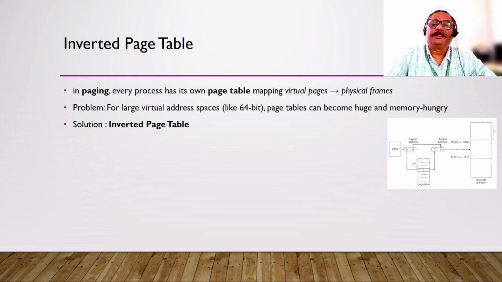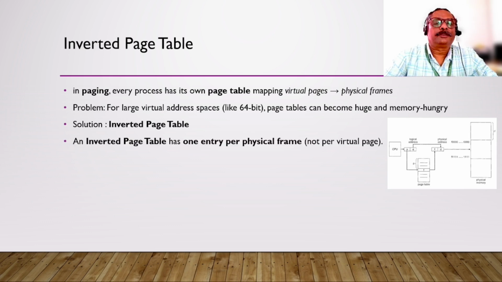So for every physical frame, if we can say which page of which process is located in that frame, that could be an easy way, and that can save a lot of our space. That's the logic of the inverted page table. So this inverted page table now has one entry per physical frame, not per virtual page. We are having one entry per physical frame.